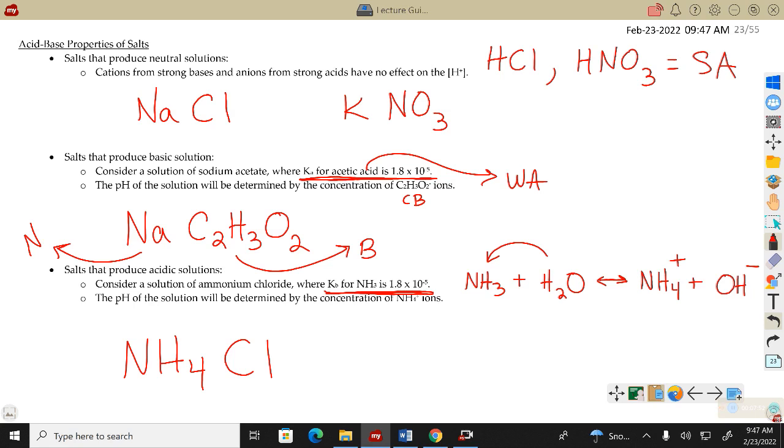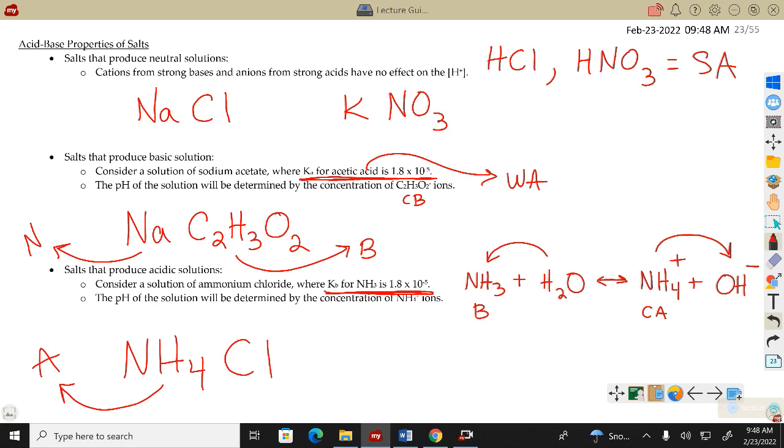So they are giving me the Kb, which hints at the fact that NH3, ammonia, is a base. And on the product side, this NH4 plus is its conjugate acid. If this were to go in reverse, the NH4 would have to give back that hydrogen. So yes, NH4 has an extra hydrogen that it could donate. It's positive because it has an extra hydrogen, so this guy could act like an acid.